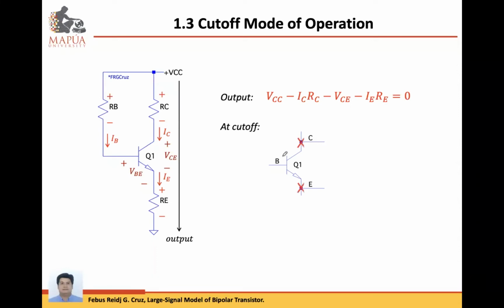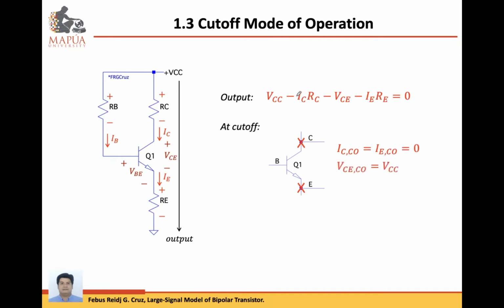And so ideally, we can say that transistor Q1 will behave like an open circuit. The collector terminal is open circuit with respect to the emitter. And actually, even the base terminal is open circuit. So with this, the transistor currents during cutoff are considered zero. Okay, collector current is zero, emitter current is also zero, and even the base current is also zero.